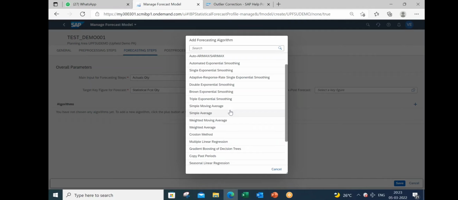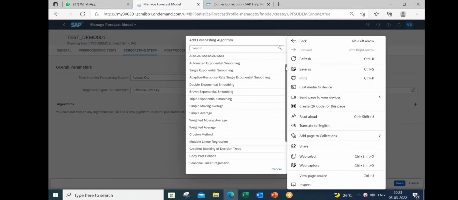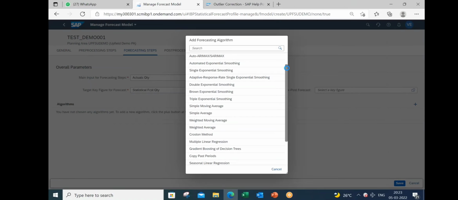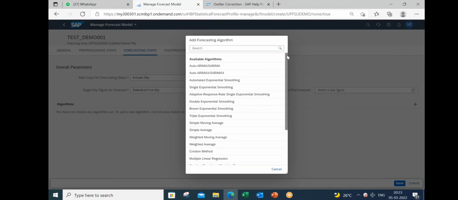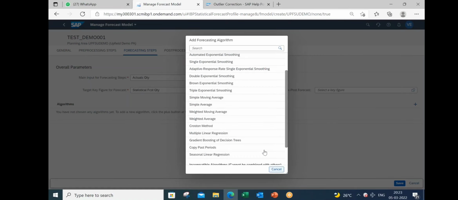There are also some auto models. If you don't know which one to use, you can select auto models, where the system does a lot of iterations and gives you the best forecast, like auto ARIMA, auto ARIMAX, automated exponential smoothing.